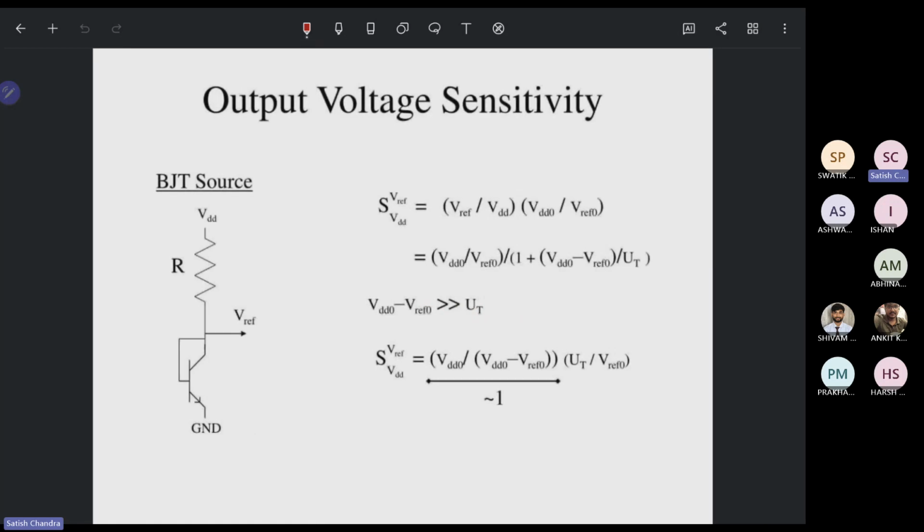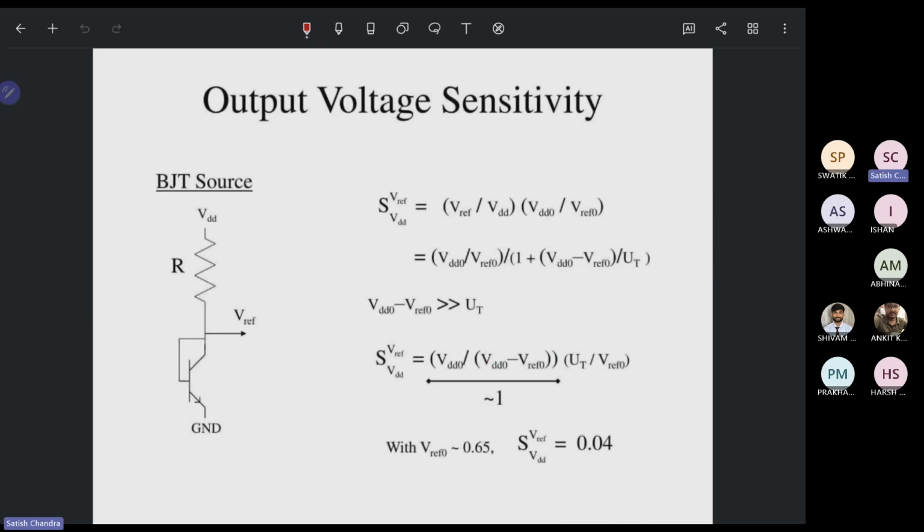If it is so, as we are saying, this is very high. Since Vref is at the 0 point, this is also going to be VDD 0 only, so it has a value of one, and so our stability is going to depend only on the threshold voltage and Vref.